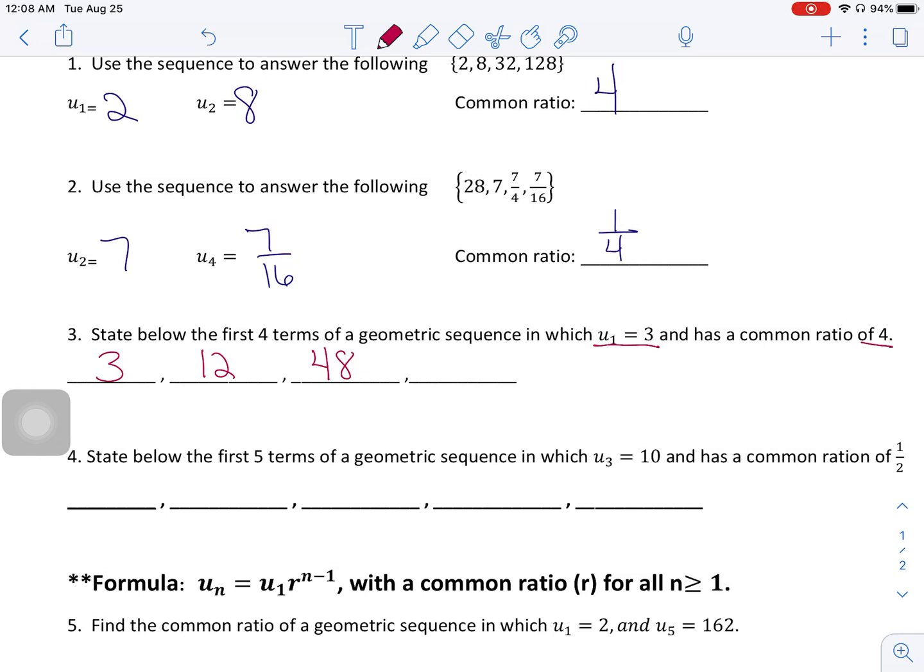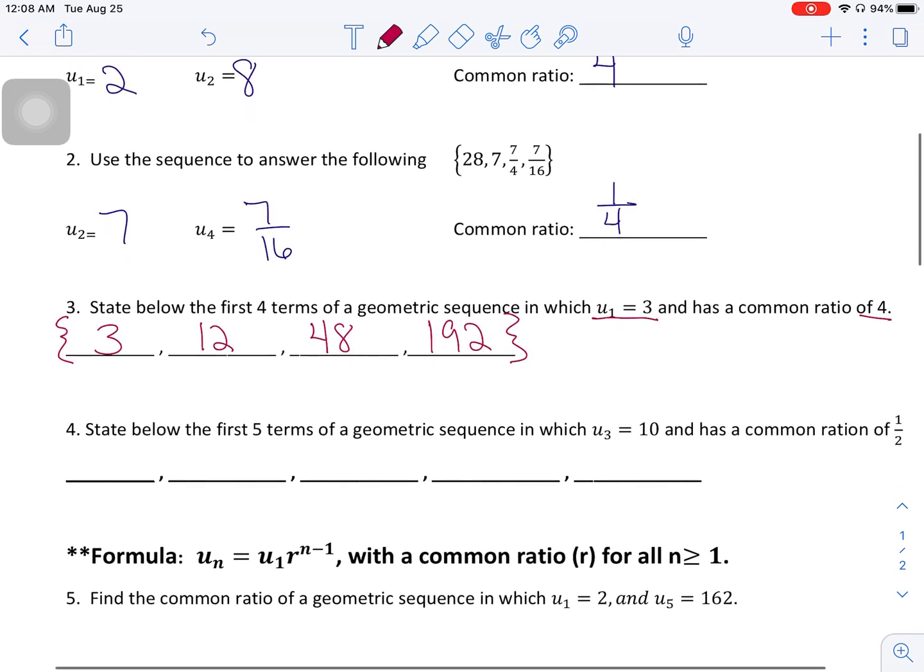And I need to do one more multiplication times 4. And 48 times 4 is 192. All right. Now, in true set builder notation, we talked a little about this, you would actually have the braces around it. Because I had put the blank spots in there for you, there's no concern that you don't have the braces.